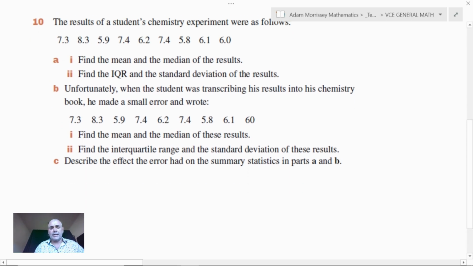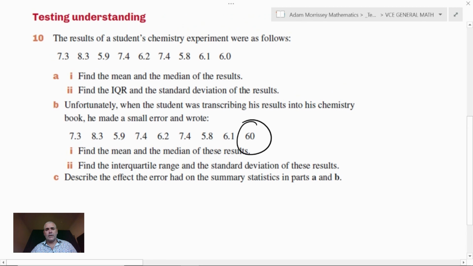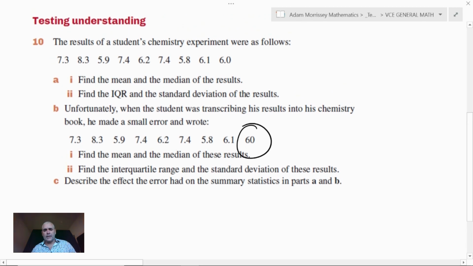The interesting thing that's happening here is that the student has made an error and wrote 60 instead of 6.0. And we want to try and understand what effect that's going to have on the summary statistics that we're collecting.